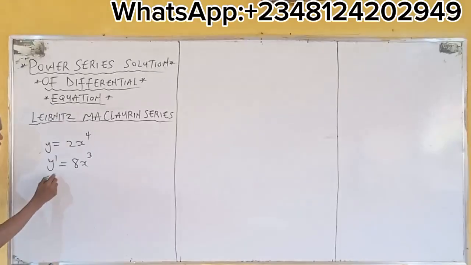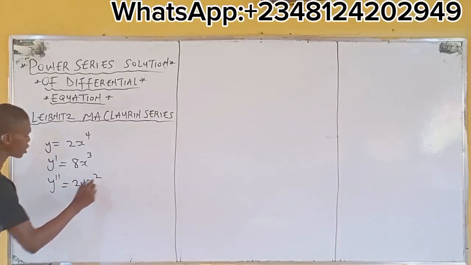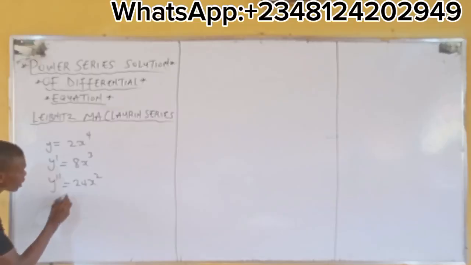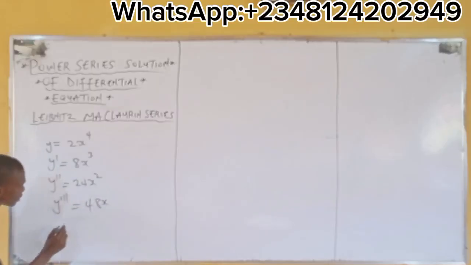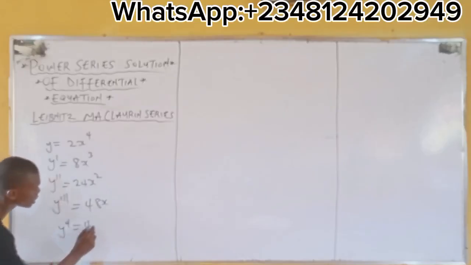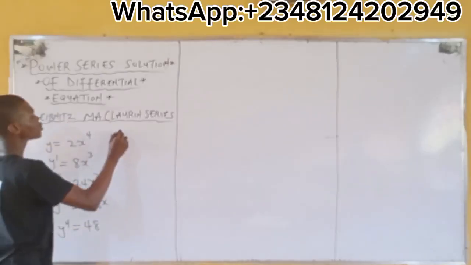The second derivative is 24x squared. The third derivative, I have 48x. The fourth derivative, I have 48. Meaning I can generalize it, saying I have y raised to the power of n.